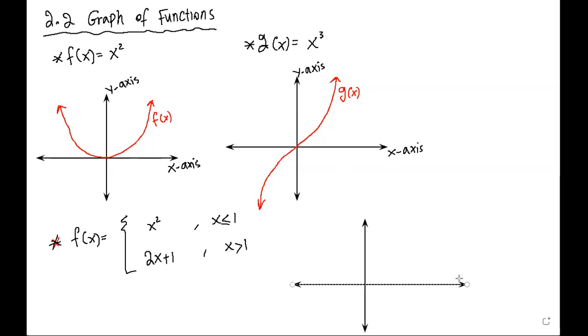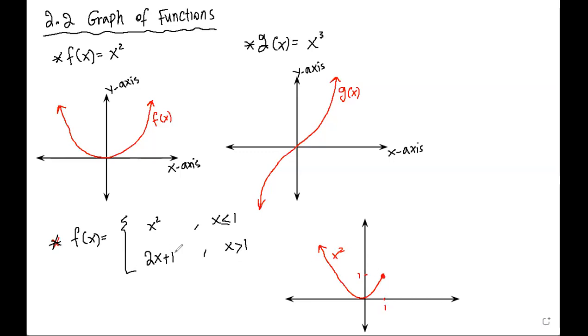So here's the Cartesian plane. First one will look like this at 1, 1. We graphed it like that last time. This is x squared when x is less than or equal to 1. So starting from 1, it is 1, 1.